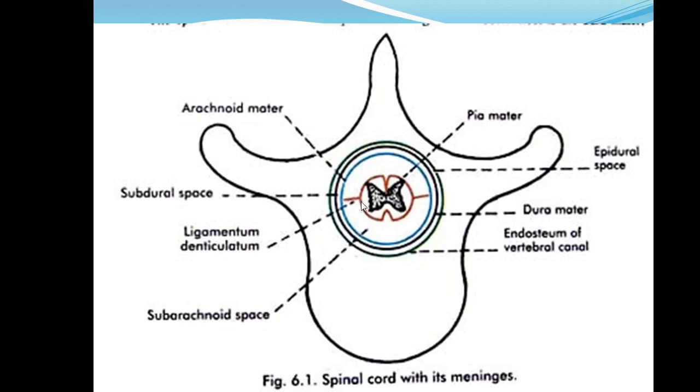The pia mater is modified here and extends laterally to the arachnoid to join the dura mater. This forms what is known as the ligamentum denticulatum.